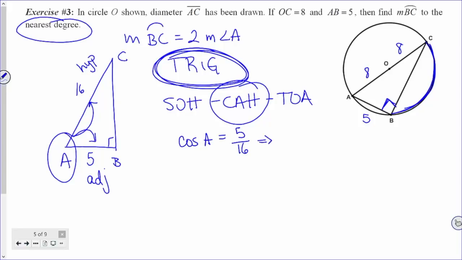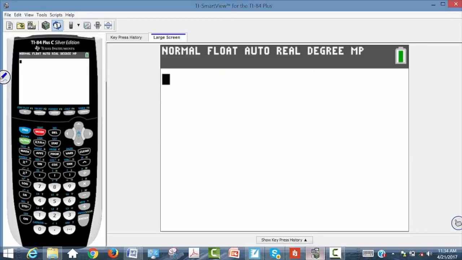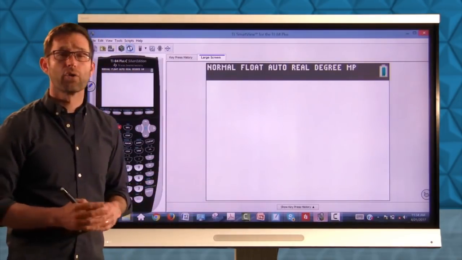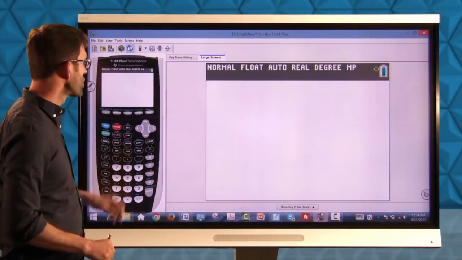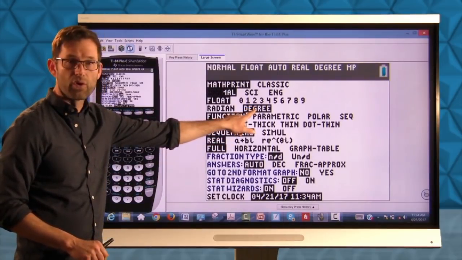That will lead to the fact that A is the inverse cosine of 5/16. And now let's bust out of this program really quick and figure out what that is. Now remember, whenever you're doing trig on your graphing calculator, you want to make sure, as always, that you're in degree mode.